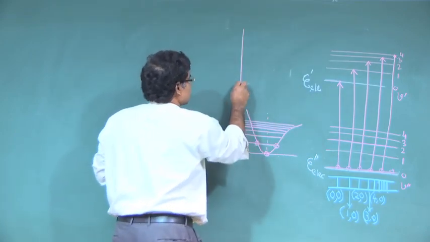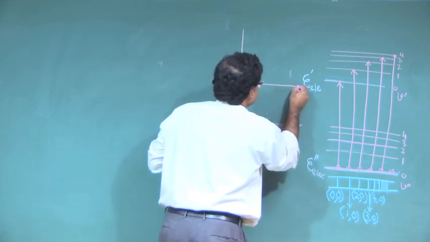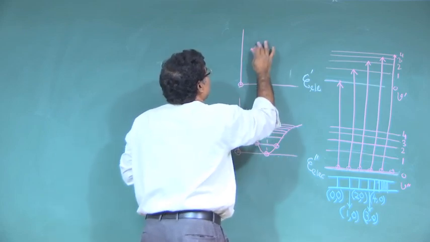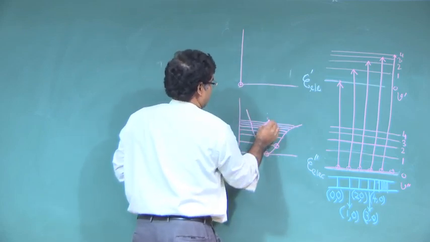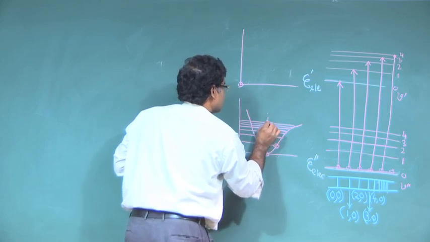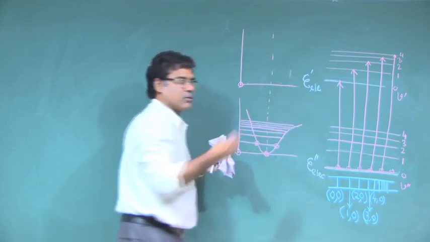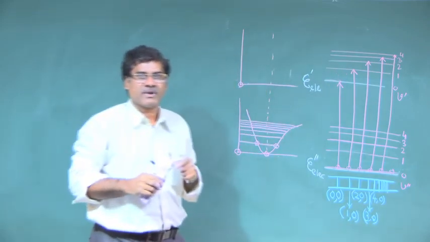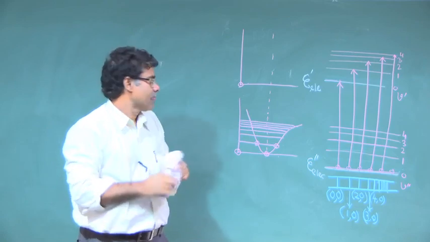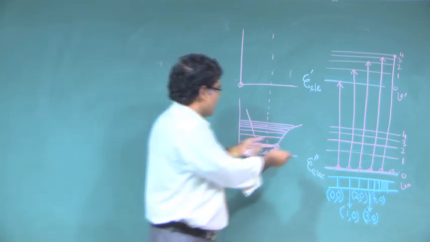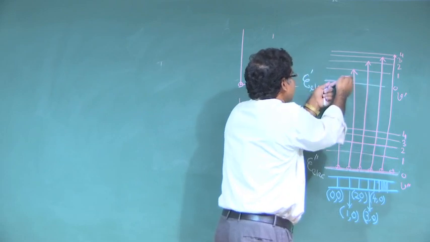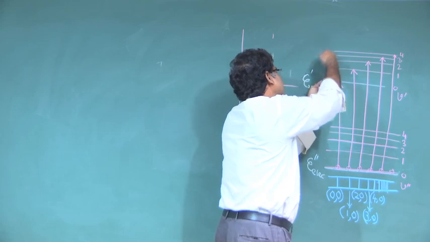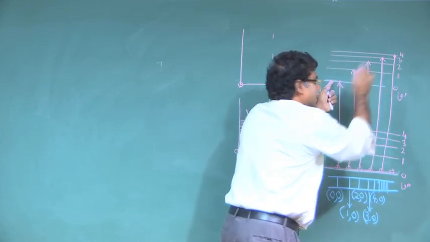So, in this electronic state, in the same way, it can be in any state, but I do not know, it can be in any state. Okay. So, if I consider that after this transition it has come here, the vibrational state in this electronic state is V dash equal to 0.